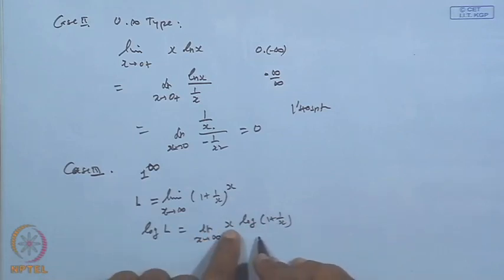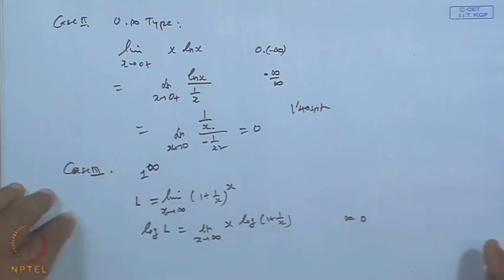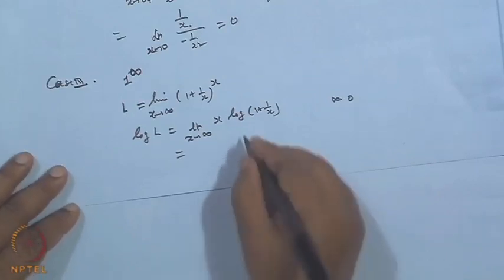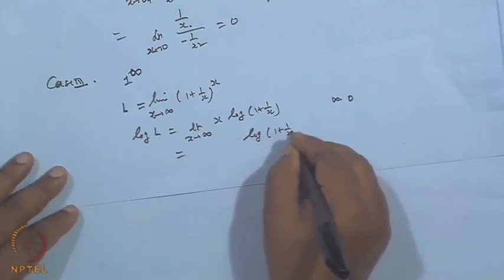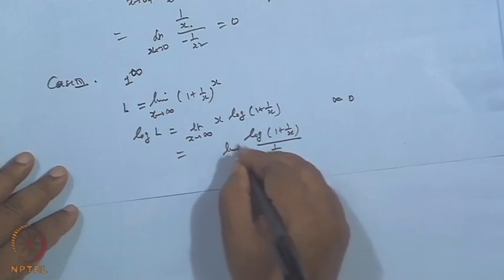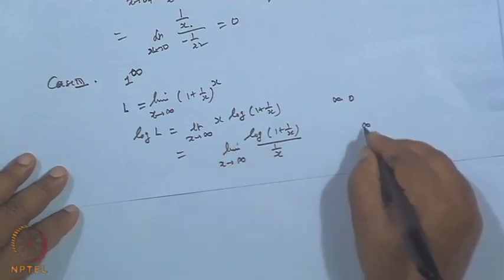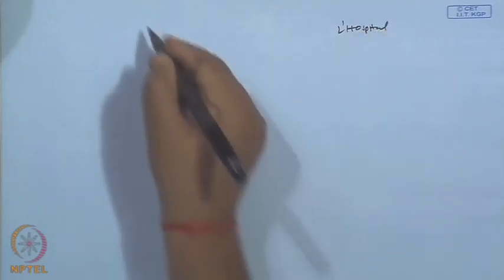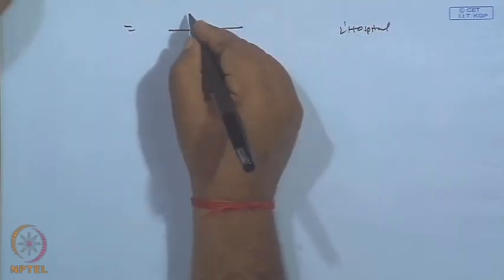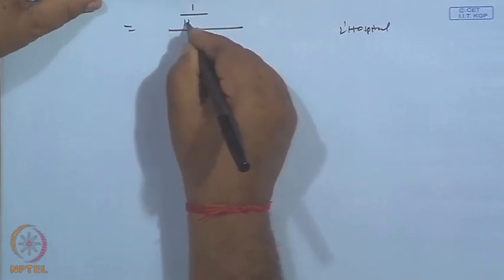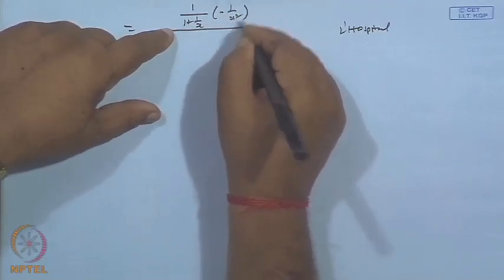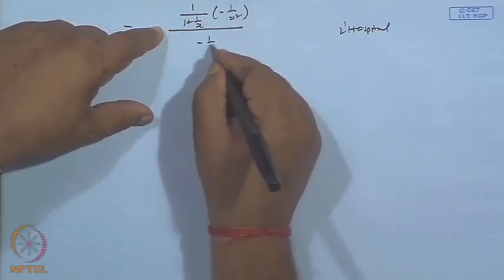So basically when x tends to infinity, it is infinity into 0 type. This can again be put as either 0 over 0 or infinity over infinity type. So we can put this as log(1 plus 1 by x) divided by 1 by x, limit as x tends to infinity, and then apply L'Hospital's rule. Differentiating the numerator gives 1 over (1 plus 1 by x), times the derivative of 1 by x, which is minus 1 by x square, and in the denominator also minus 1 by x square.